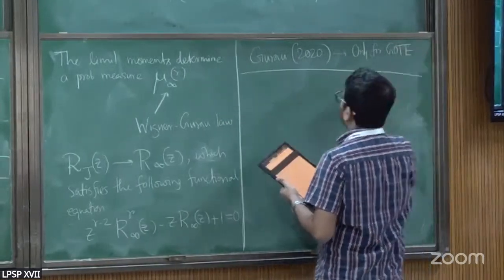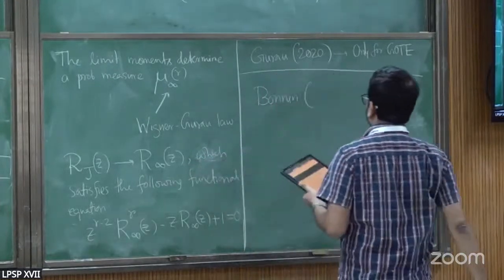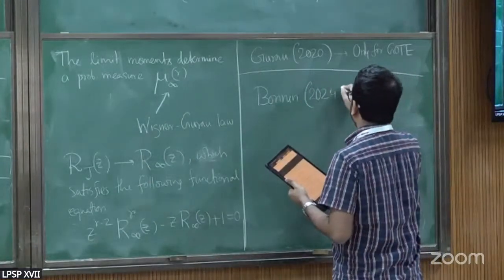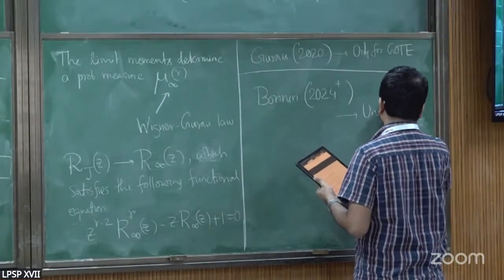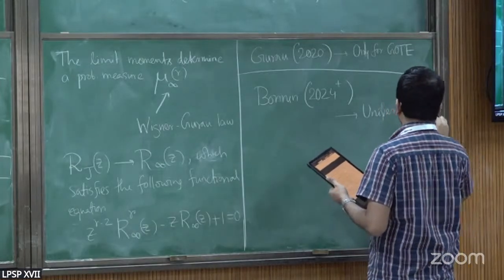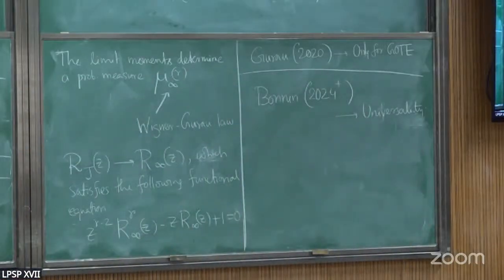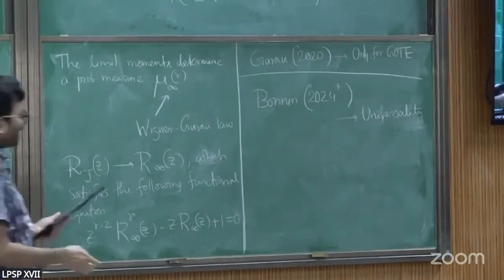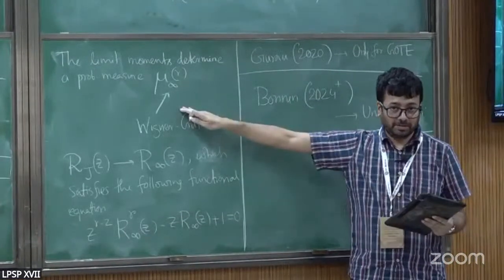And very recent, it's 2024, Bonnin proved universality. And it turns out there is a very nice hierarchy going on. This law is at the top.